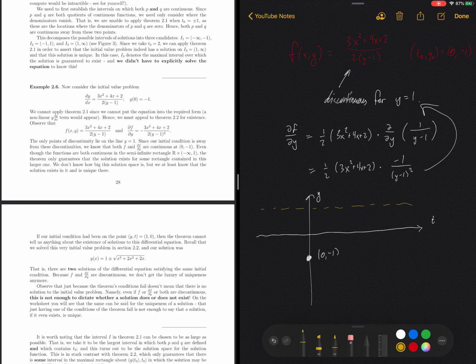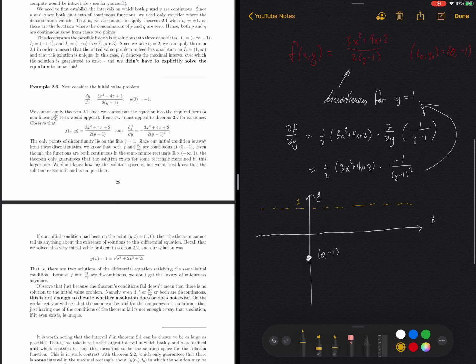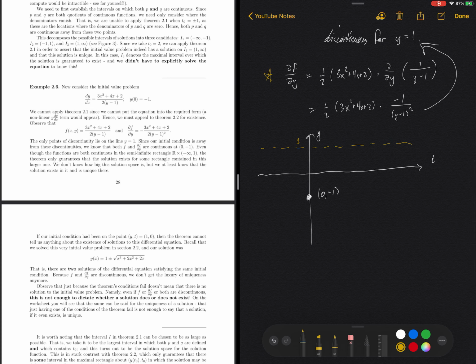And I know that my rate function is discontinuous for y equals 1. And I also check my first partial derivative with respect to y, and that's discontinuous at the same location. So that means there's no restriction in the x, and there is but the one restriction in the y.